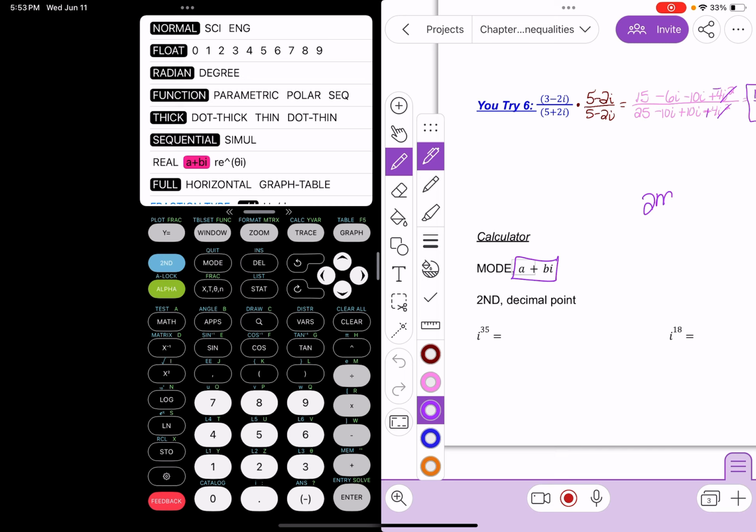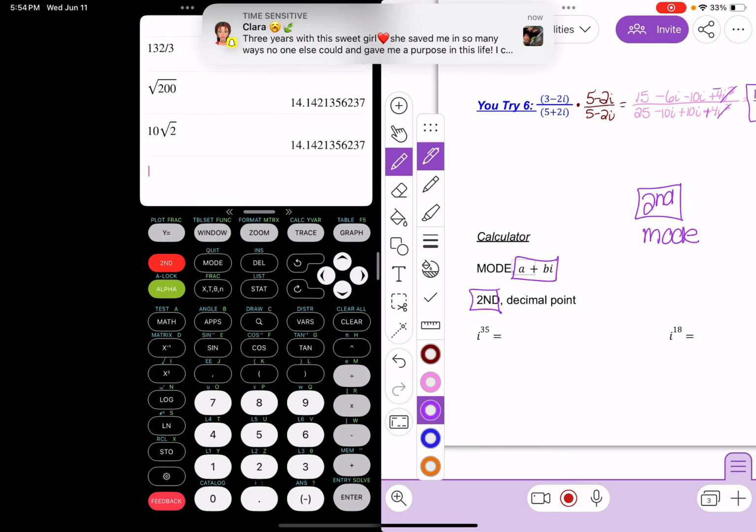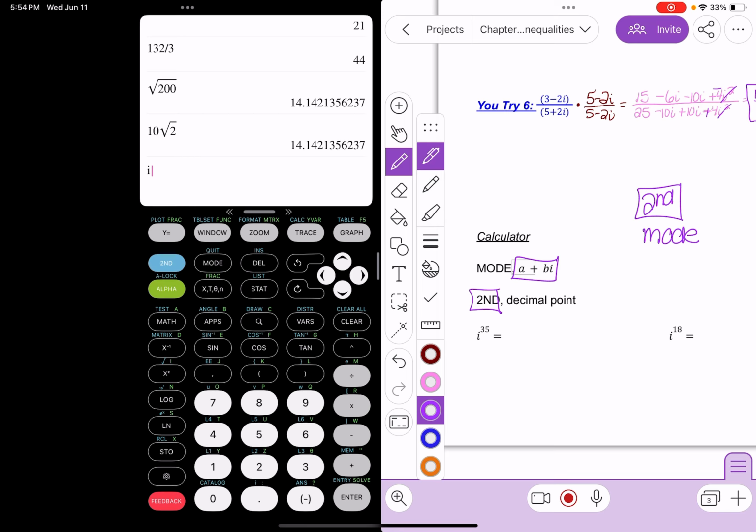So then hit second, which is the blue button, and then mode again, and it'll take you back to the main screen. To get i, hit second, which is the blue button, and then the decimal point, and you can type i. So try typing i to the 35th.